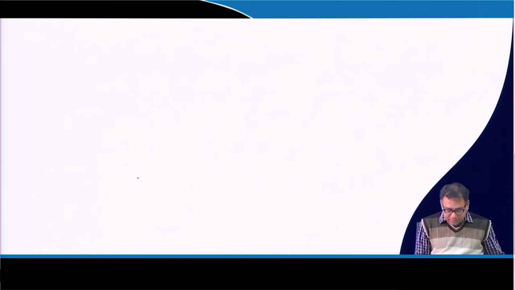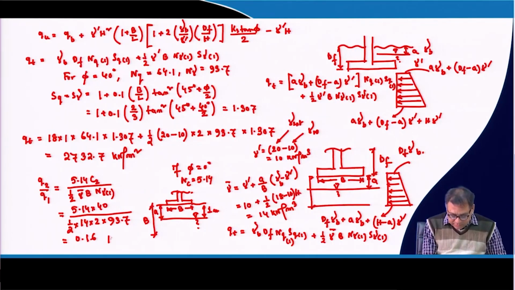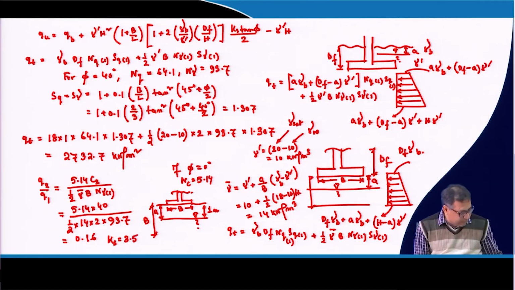So, now the 0.16, the Ks value is roughly 3.5, okay, because when you are taking values from the chart, these values may vary slightly, because you are taking by eye estimation on your own, I am also taking. So, there may be some variation, but that is not an issue, because that variation should be very small.